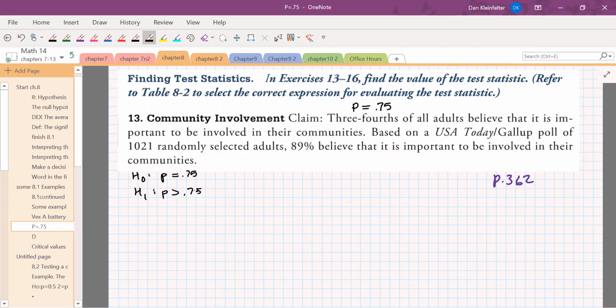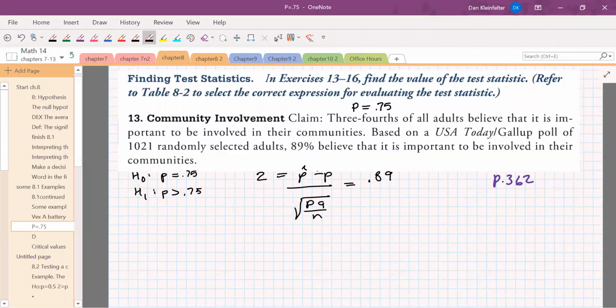So we need the test statistic for a proportion. And that z is equal to p hat minus p divided by the square root of pq over n. Okay, p hat comes from our sample, so that's 0.89.